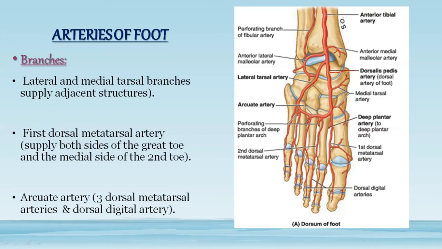The first branches are the tarsal arteries: the medial tarsal and the lateral tarsal arteries. These lateral and medial tarsal arteries supply the adjacent structures and aid by anastomosing with the vessels present around the ankle region.